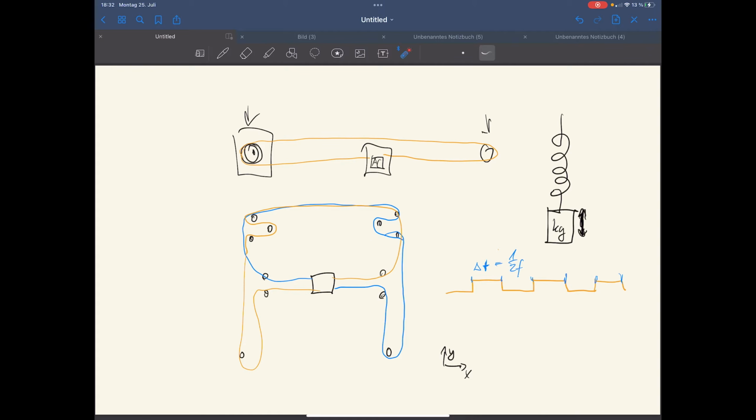So what does our printer do? It avoids doing this movement in this time frame, and instead it does something like that. So we basically just don't do this exact shape.